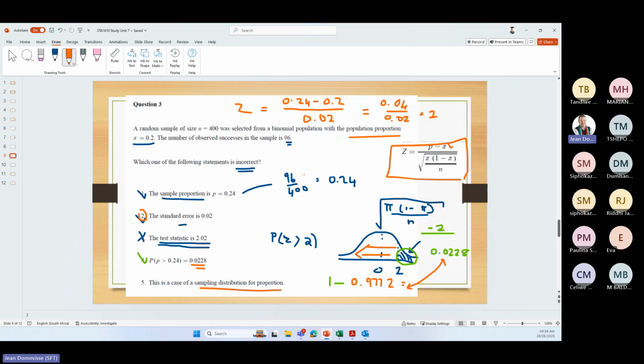And then a question like this covers all of the things that you need to know about the population and sample proportions, because they ask you to work out the sample proportion. They ask you to work out the standard error.